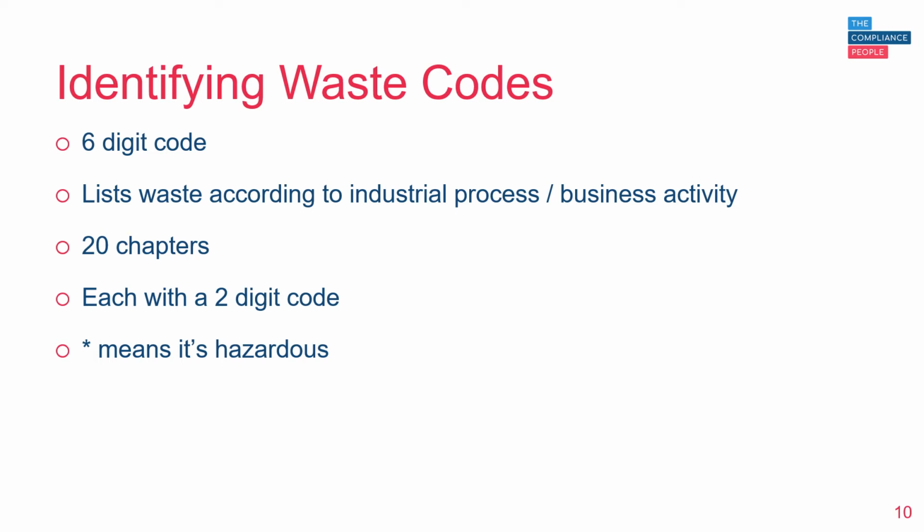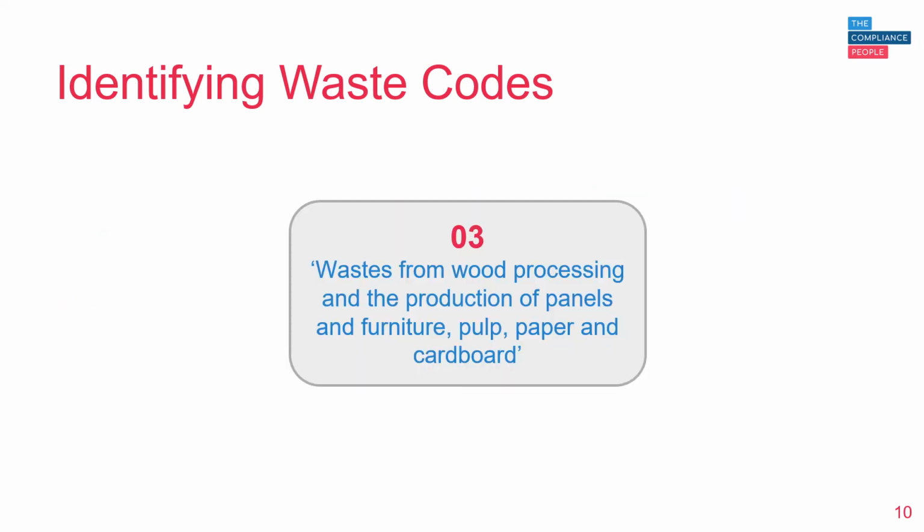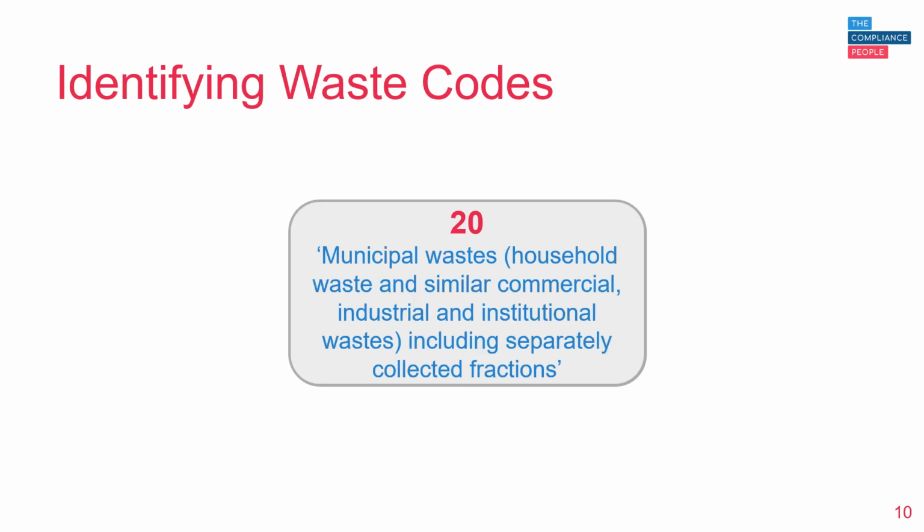So as you can see here, these are the 2-digit numbers of the chapters. So for example, we have 03, which is waste from wood processing and the production of panels and furniture, pulp, paper and cardboard. As mentioned, chapter 20, which is municipal waste.